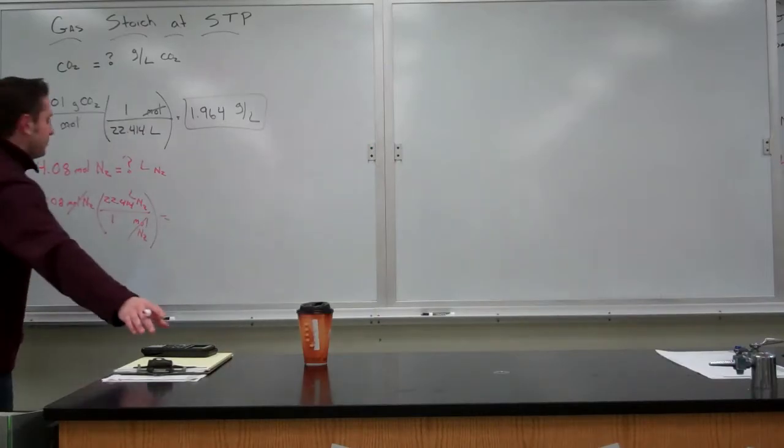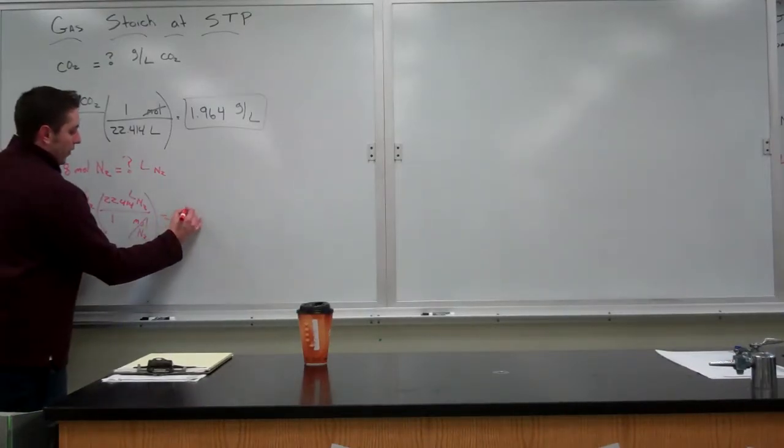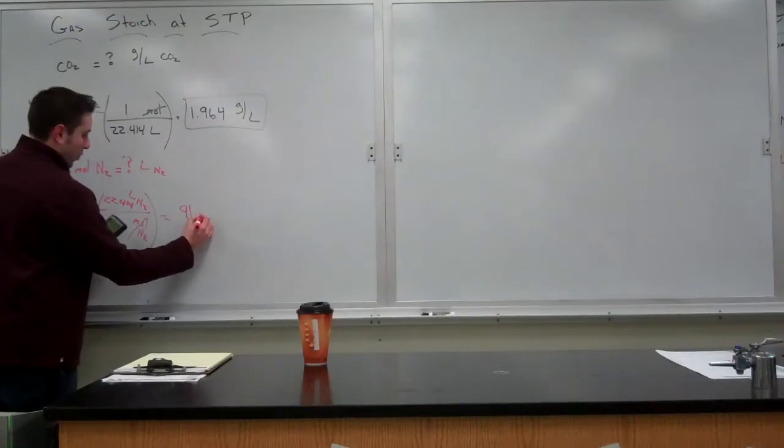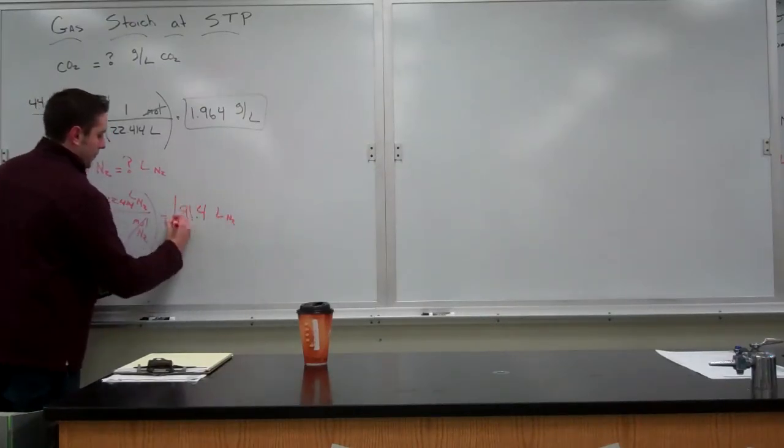Moles cancels. 4.08 times my 22.414. My calculator says 91.449. I only get 3 sig figs from the 4.08, 5 from the 22.414. So with 3 sig figs, I will call this 91.4 liters of N2.